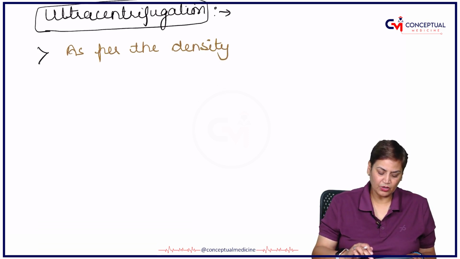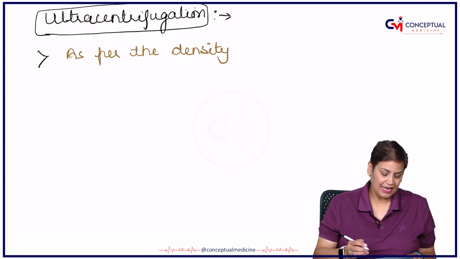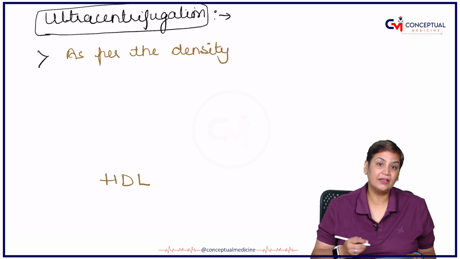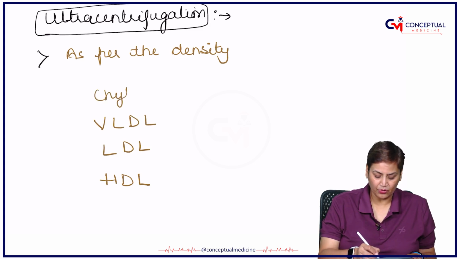So if we talk as per the density, so obviously HDL is the one which will be like this, followed by low density lipoproteins. Here there will be a change, followed by VLDL, and then will come chylomicrons.